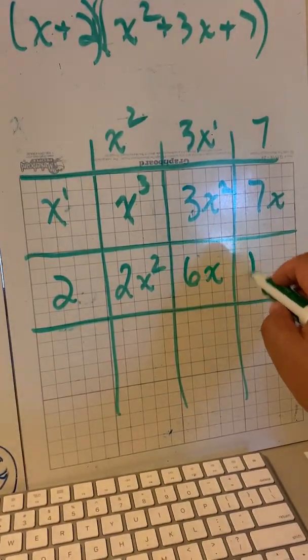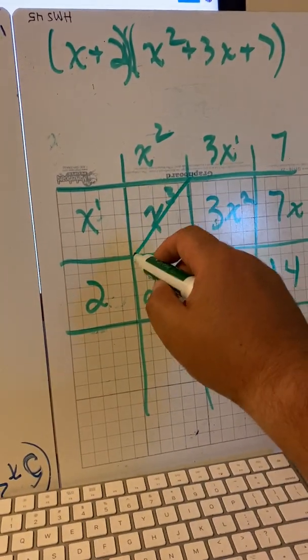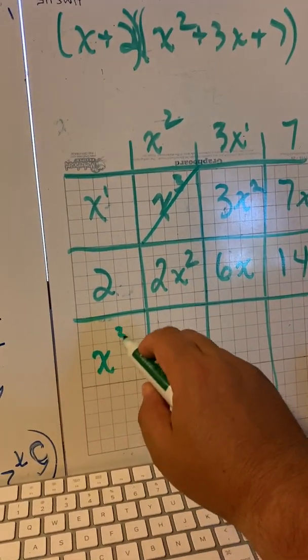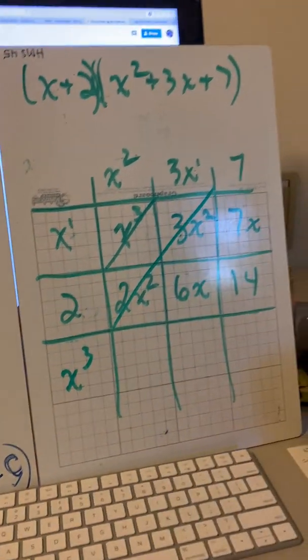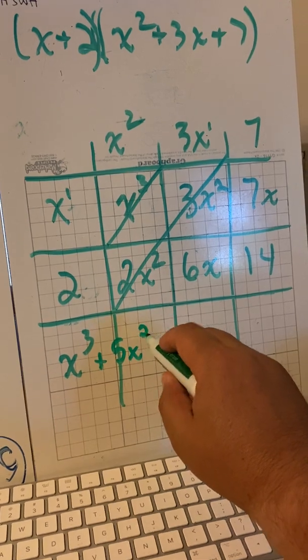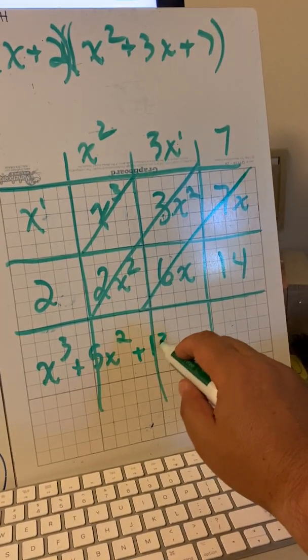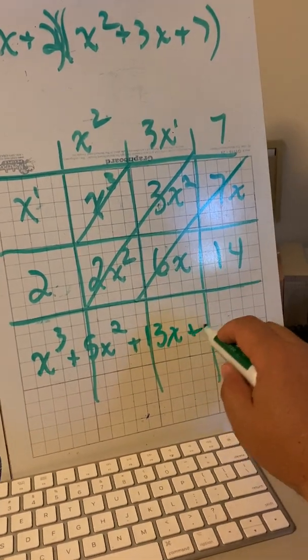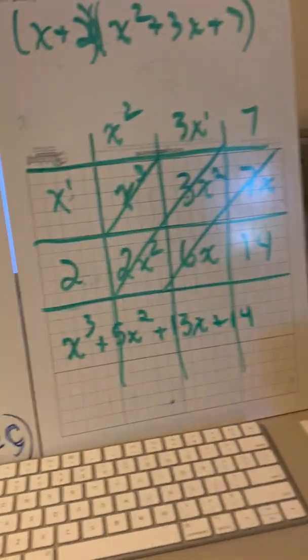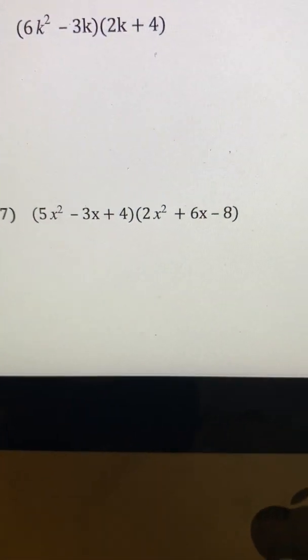And 2 times 7 is 14. Now just diagonal. That's an x to the third. 3x to the second plus 2x to the second makes a positive 5x to the second. Positive 13x plus 14. Okay, that works really well with number 7, because you've got a trinomial times a trinomial to be able to do that one.